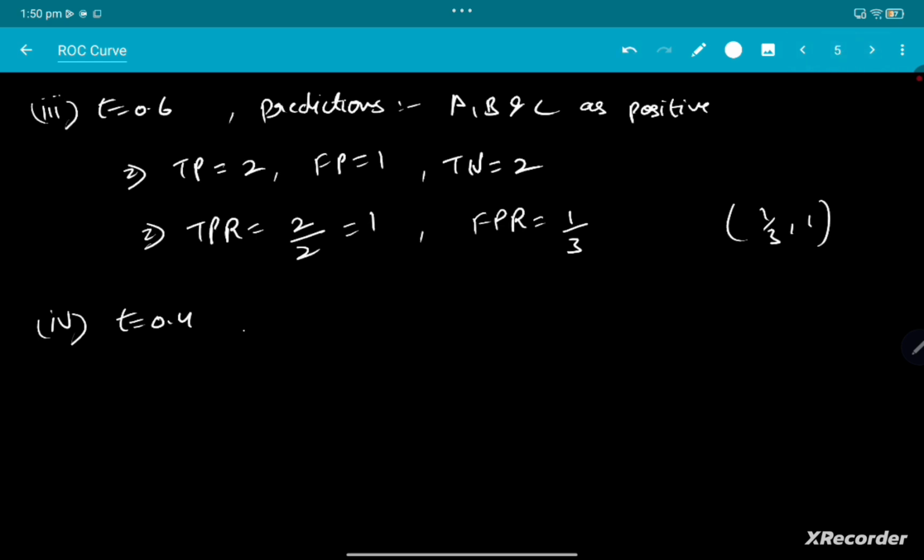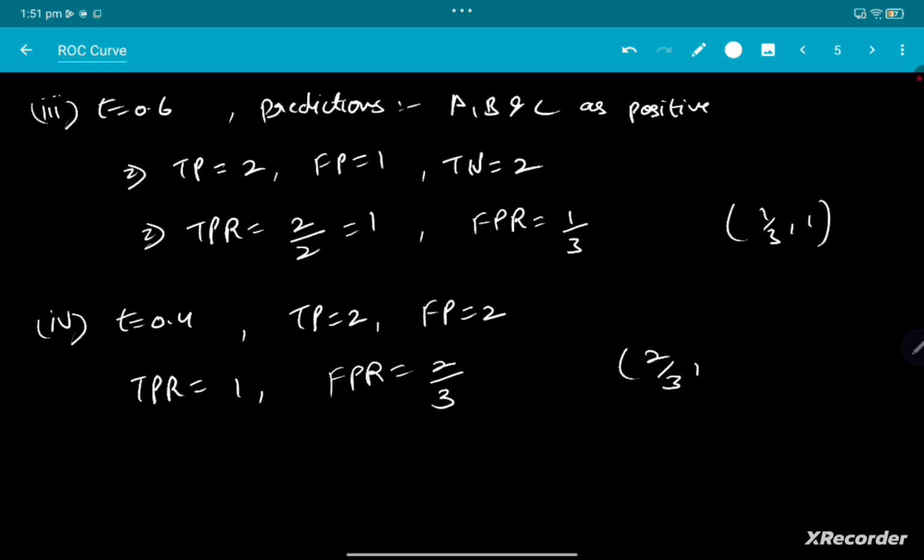So we have two true positives and two false positives. Accordingly our TPR will be 1 and our FPR will be 2 by 3, because we have one true negative in this case. So this will again give us one coordinate 2 by 3 comma 1.